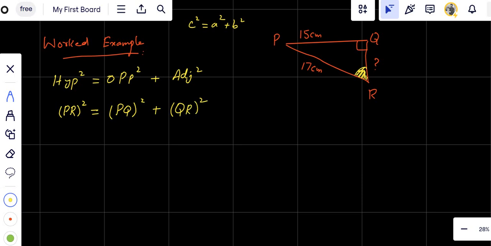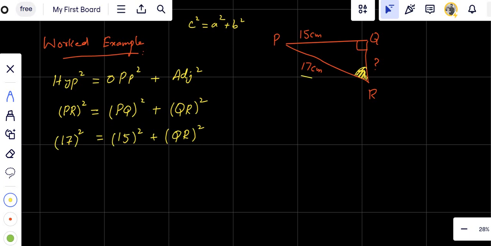So this is the Pythagoras theorem according to our triangle. So now put these values. PR is 17 centimeters, and we can add the unit at the end. PQ is 15, so I can write it as 15 square plus QR whole square.